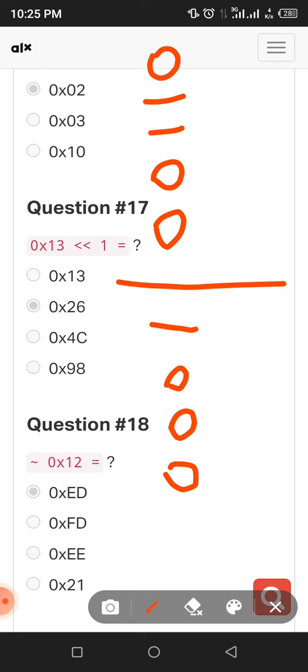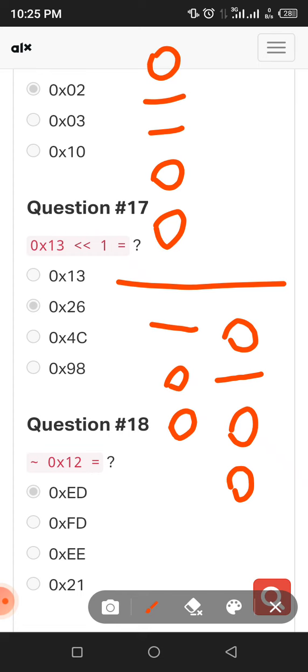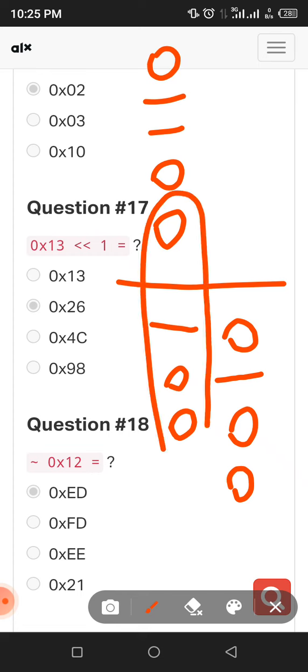So automatically we now have what? 0 0 1 0, which is for these first four numbers. Then we have 0 1 1 0, like that.